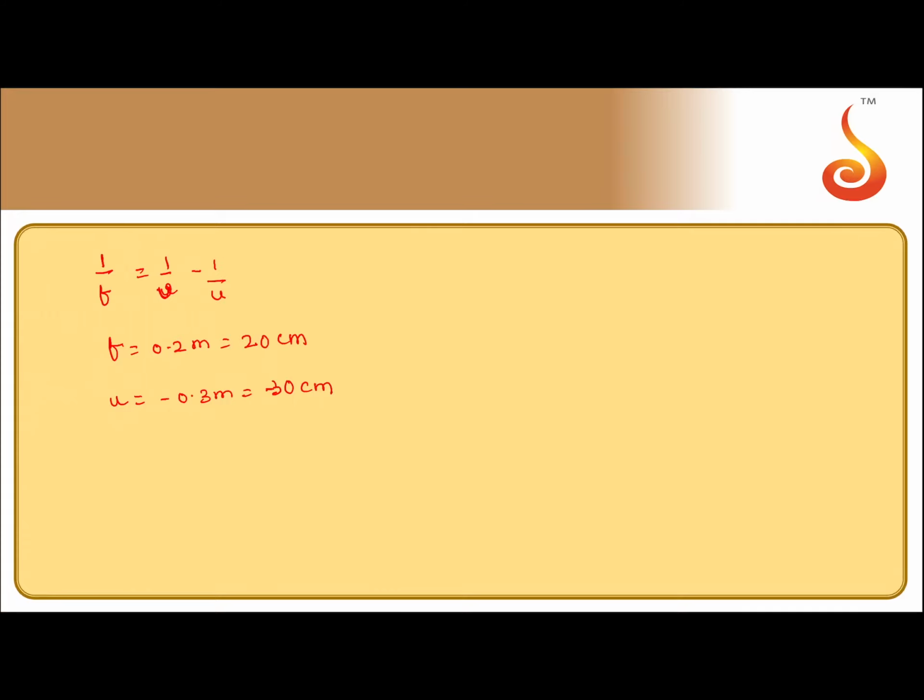We substitute all the values in this, and we get 1 by v is equal to 1 by 20 minus 1 by 30. So this gives us v is equal to 60 centimeters.